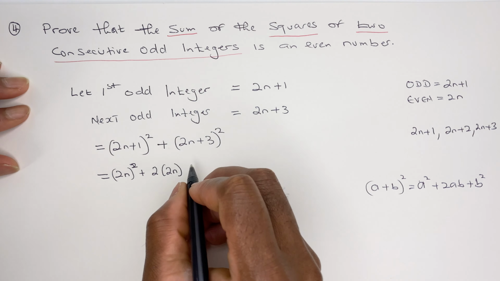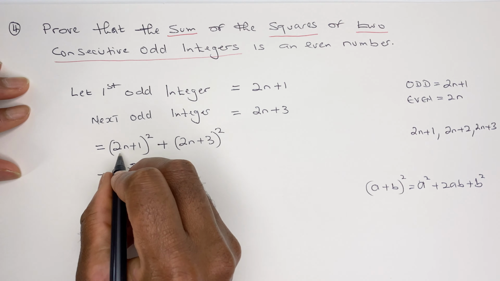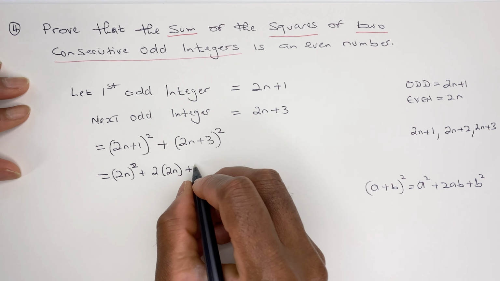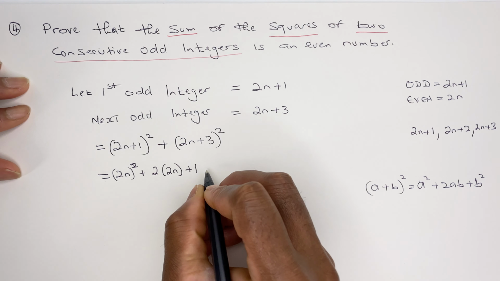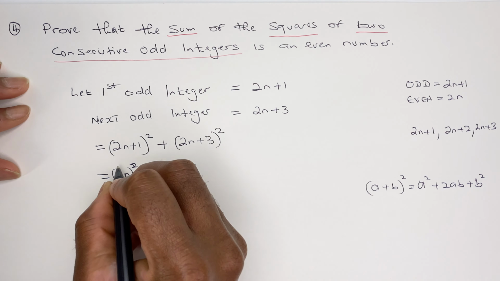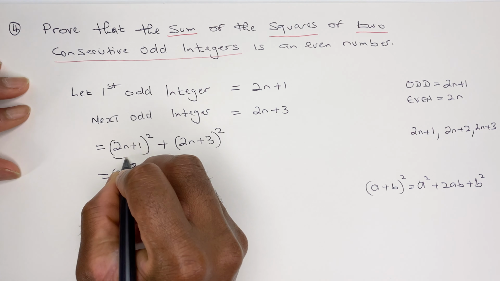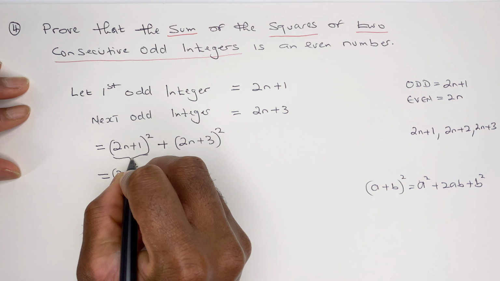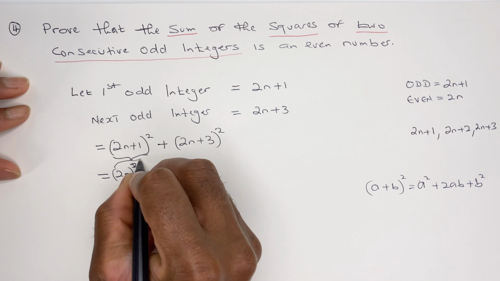So what I meant is that a is 2n and b is 1. And then I will get b squared, which is 1 squared, which is 1. So those, when I expand them, they become that.